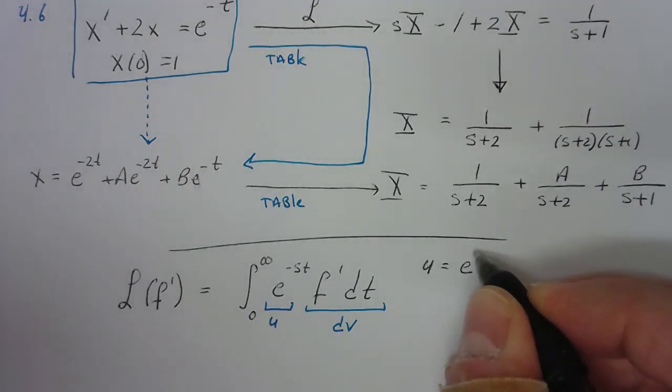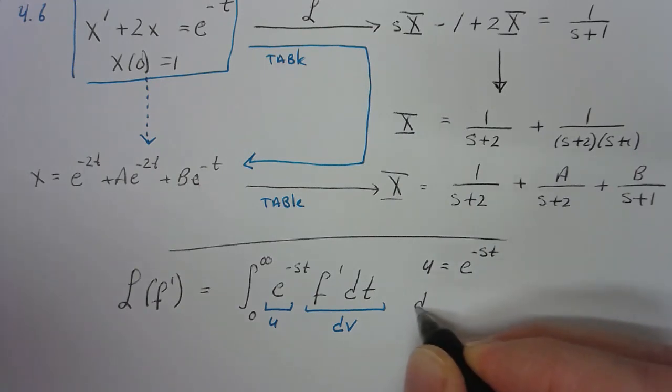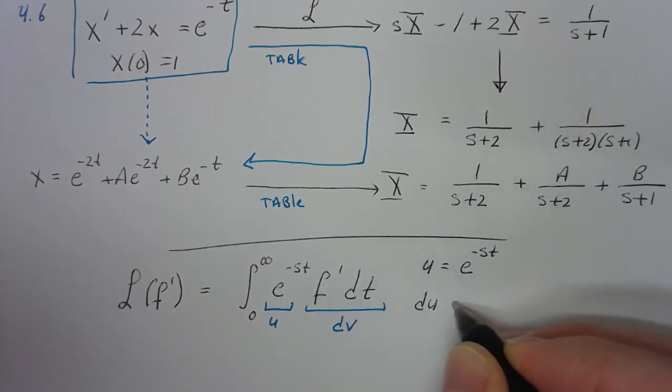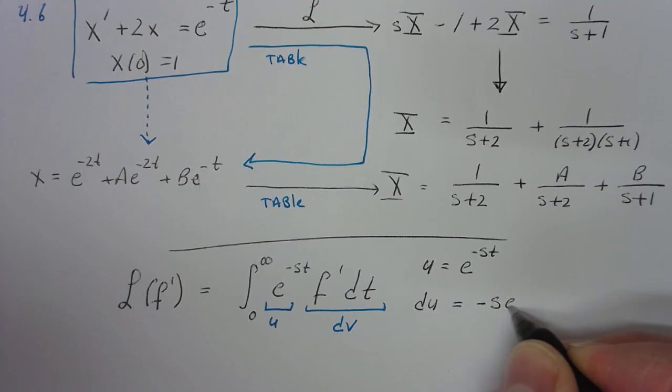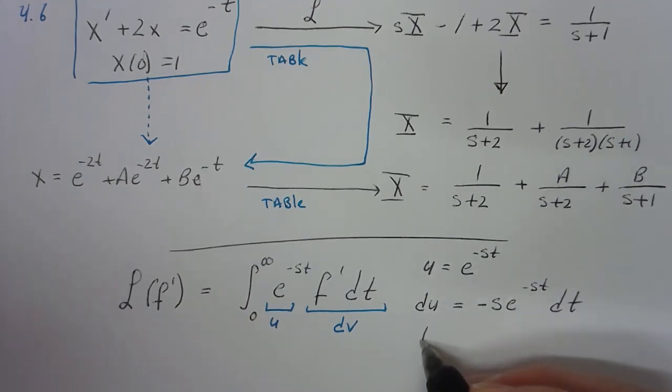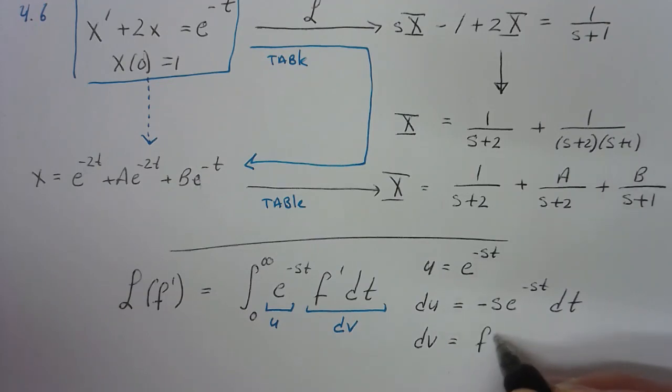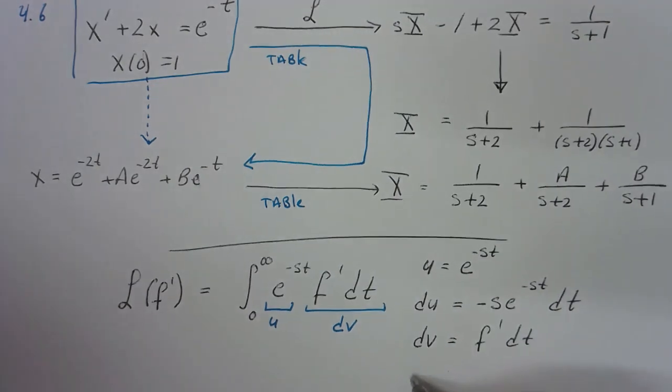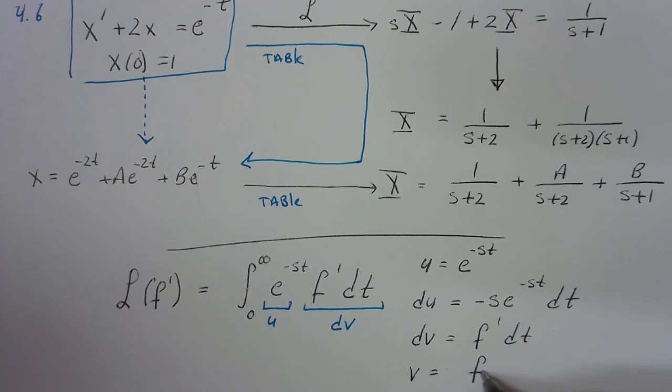So if u is e to the minus st, then du, notice this is all in t, is going to be minus s e to the minus st dt. And then if dv is f prime dt, then v is just f.